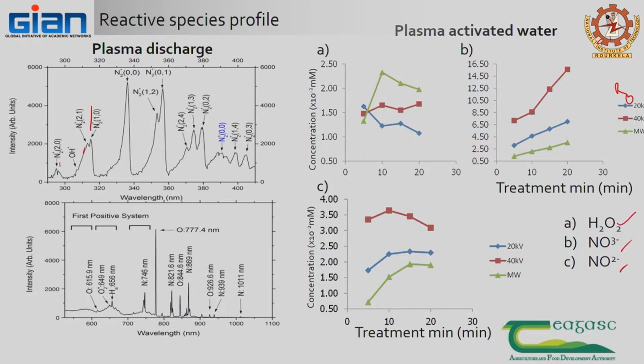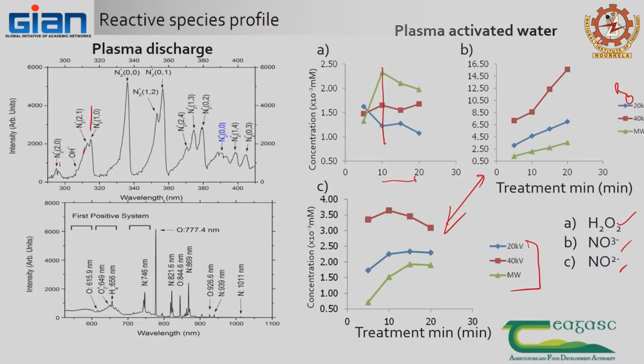A simple measurement using micromolar concentrations was done with a spectrophotometric method for hydrogen peroxide, nitrite, and nitrates, to see at what treatment time how much hydrogen peroxide is present. There is always a concentration, and it is left at different treatment conditions. There is no specific trend in all the gases, and nitrates and nitrites are always interconvertible.